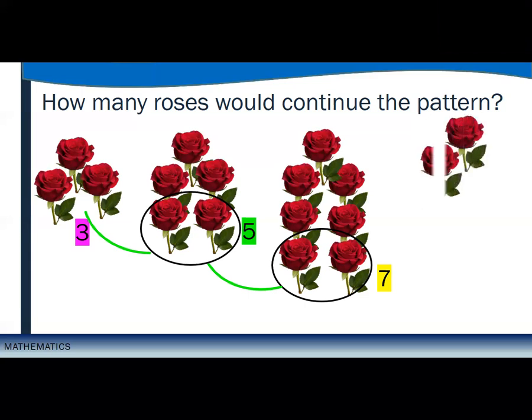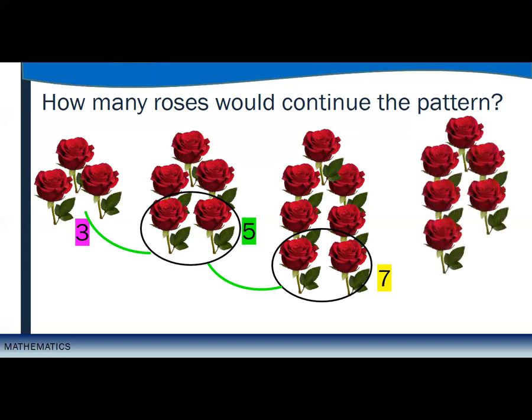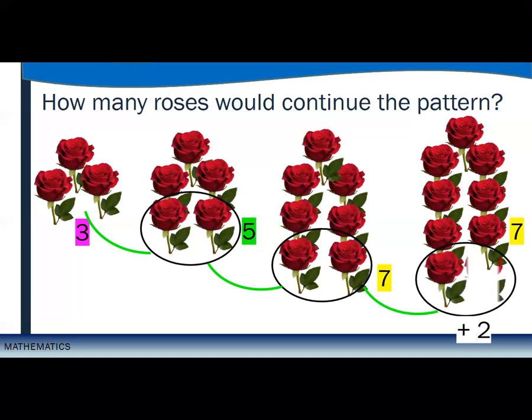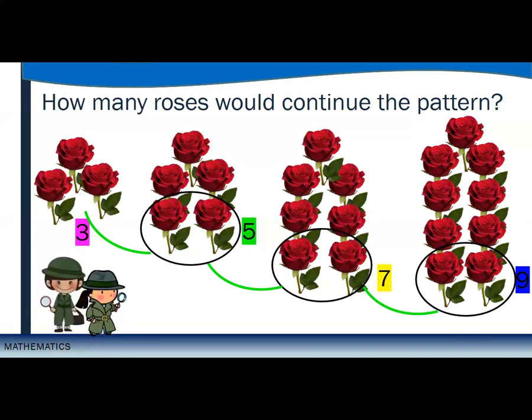So here we go, we will copy 7 roses as we see in the previous pattern, and then we will add 2 more roses to the 7 roses and we get 9 roses. Boys and girls, you are great pattern detectives and you're just getting better and better.